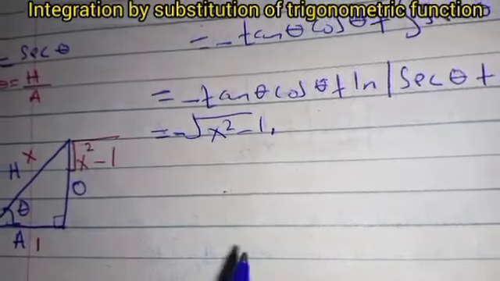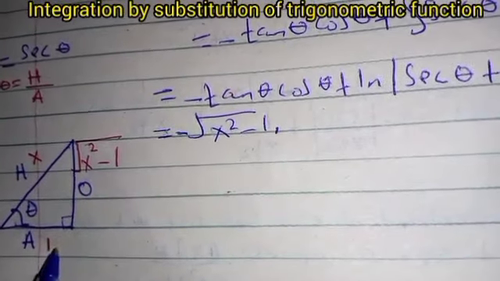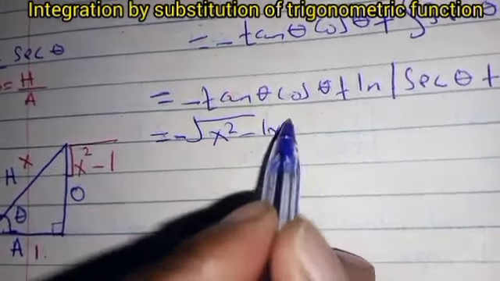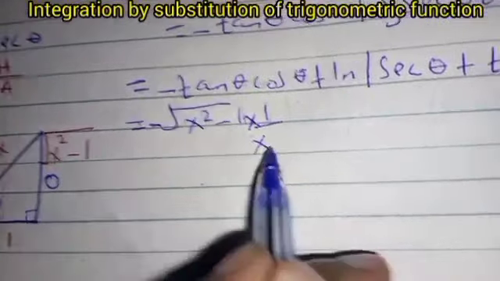Our cos is adjacent over hypotenuse, which is equal to 1 over x.